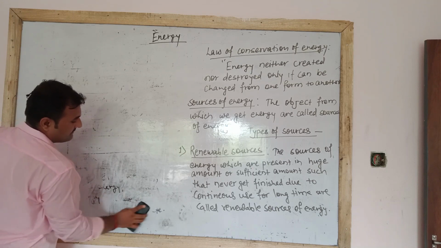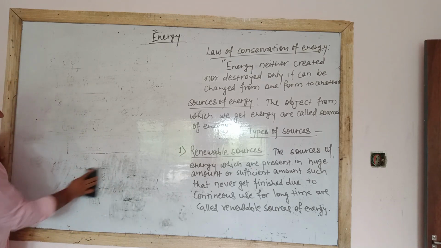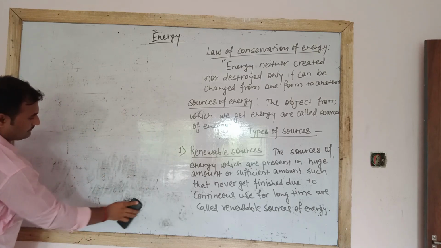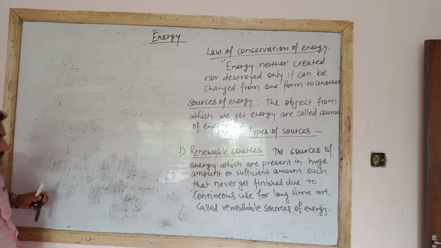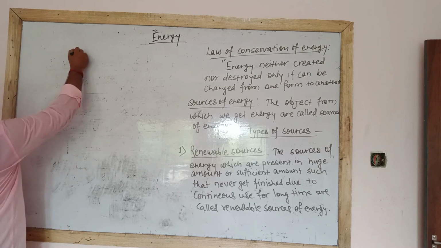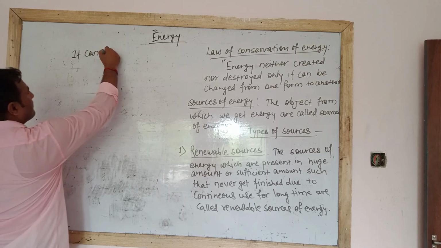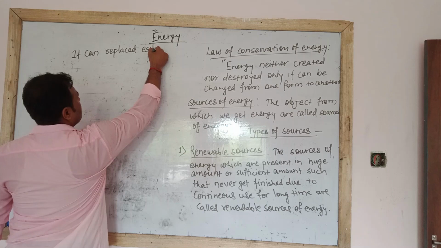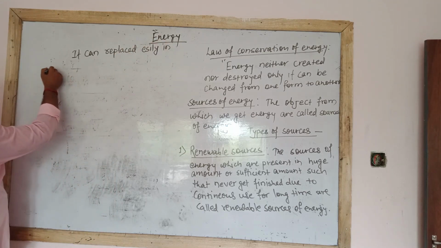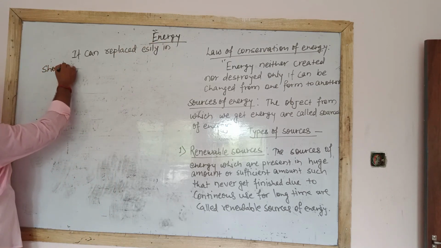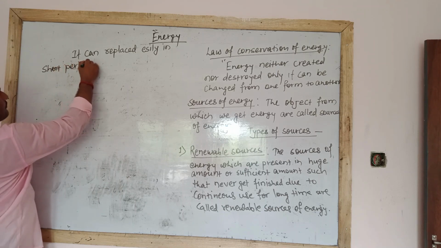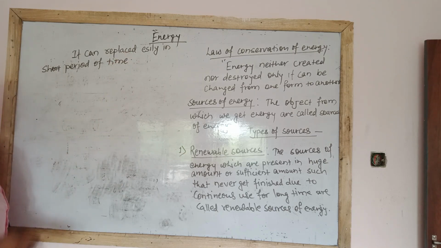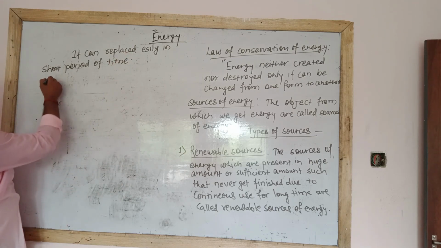And here we can write: it can be replaced easily in a short period of time. In a short period of time, such a type of renewable source of energy can be replaced.